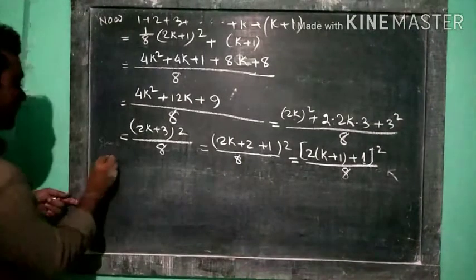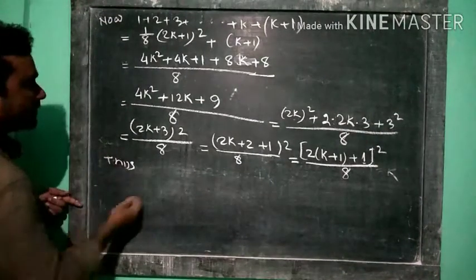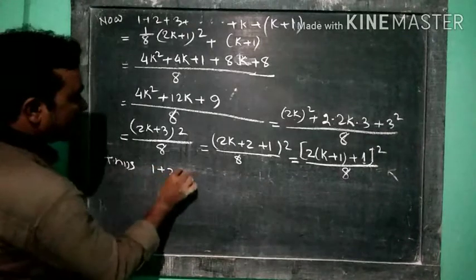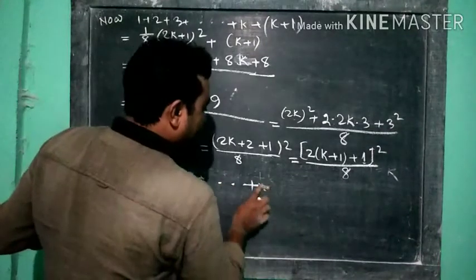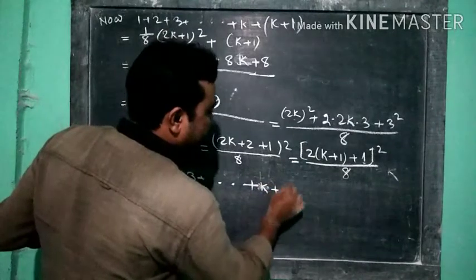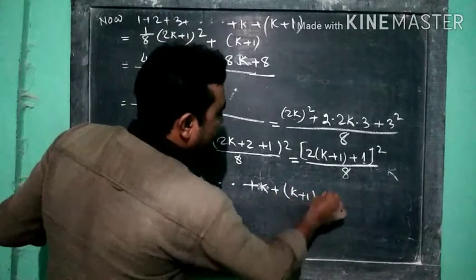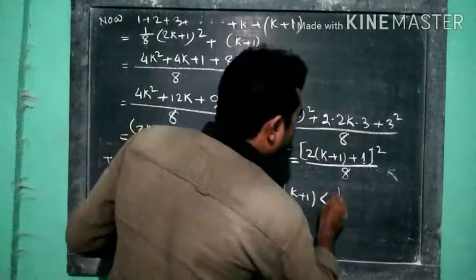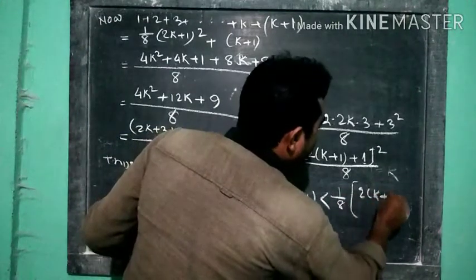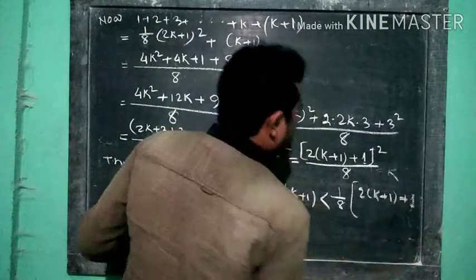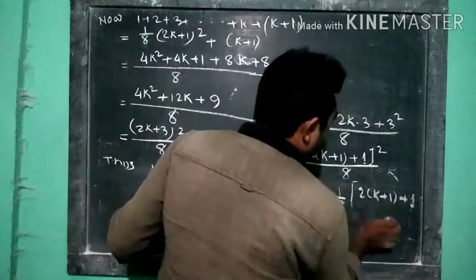Thus 1 plus 2 plus 3 up to n, okay, not n, sorry, k plus 1 is less than 1 by 8 whole into 2 whole into k plus 1 plus 1 whole square.